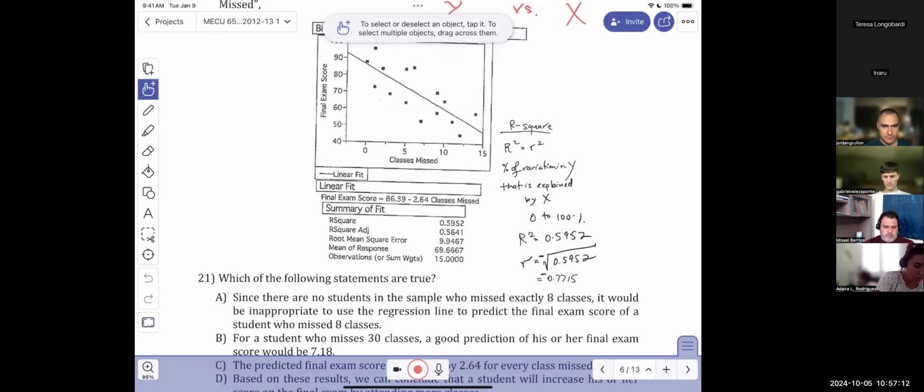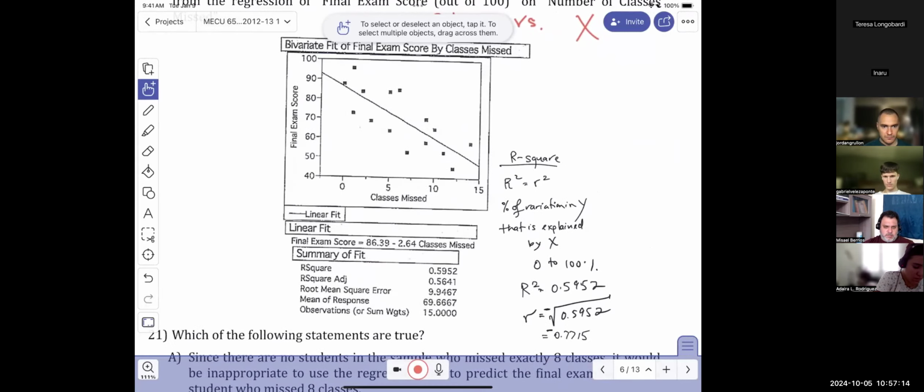There's no dot where they missed 8 classes. This is like 5 classes, this is 10 classes, this is 7.5, so 8 would be here, and there's nothing there.